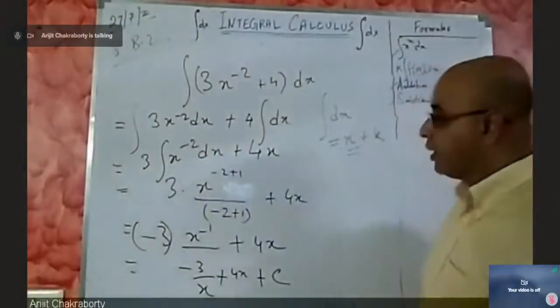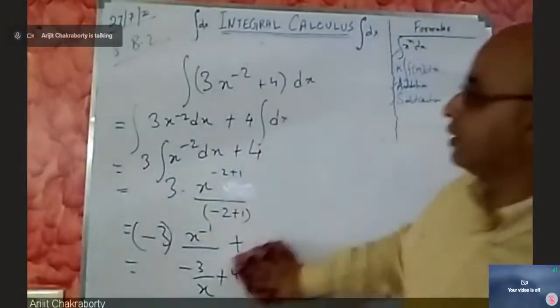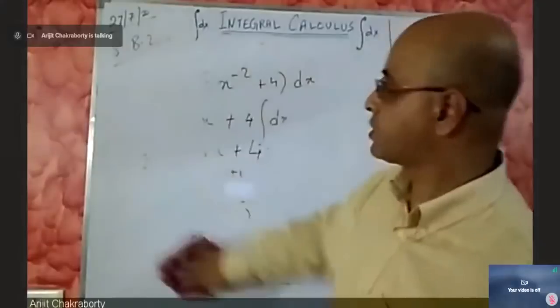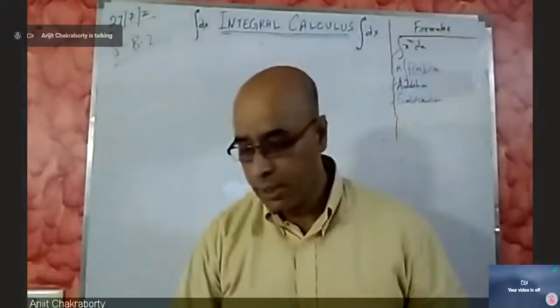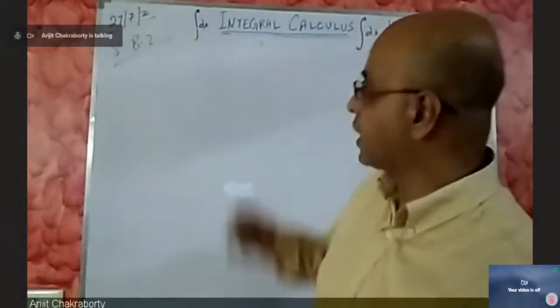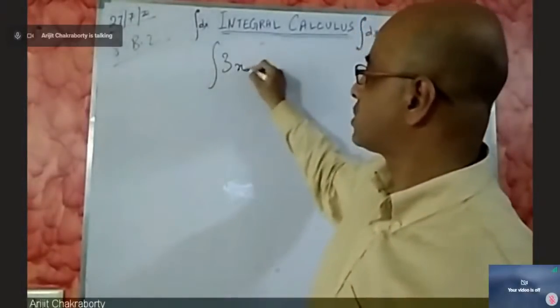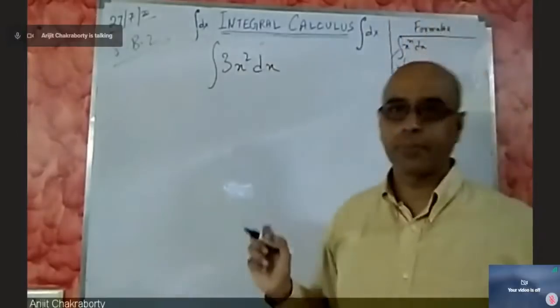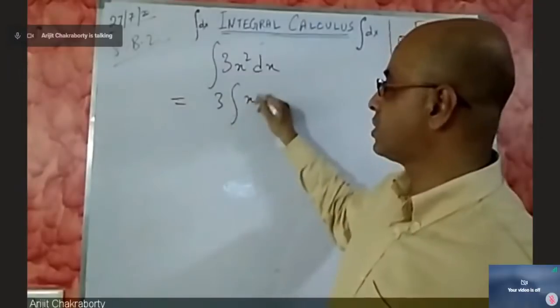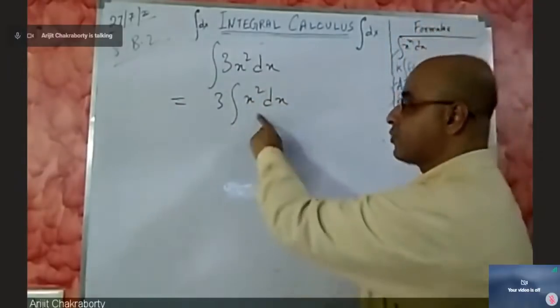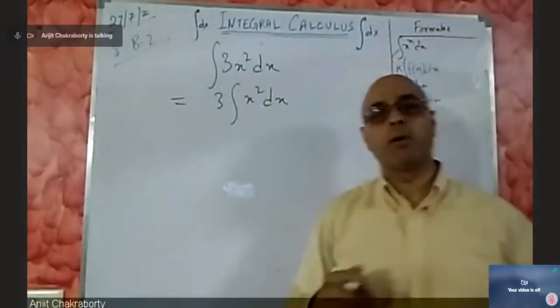Now we'll take another one. Let's take 3x squared. So let's take the next expression, 3x squared dx. Simple. Bring out 3. You have x squared dx. X squared dx is of the form x to the power n.